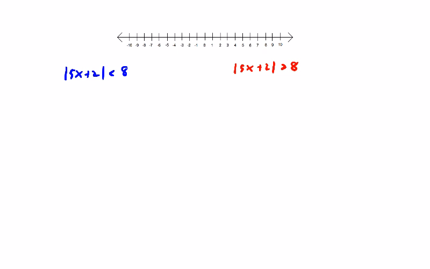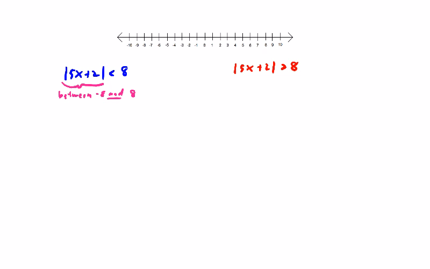Now, in considering these problems, remember that when what is inside of the absolute value must be small, less than 8, it means that the number must be between negative 8 and, keyword and, 8.